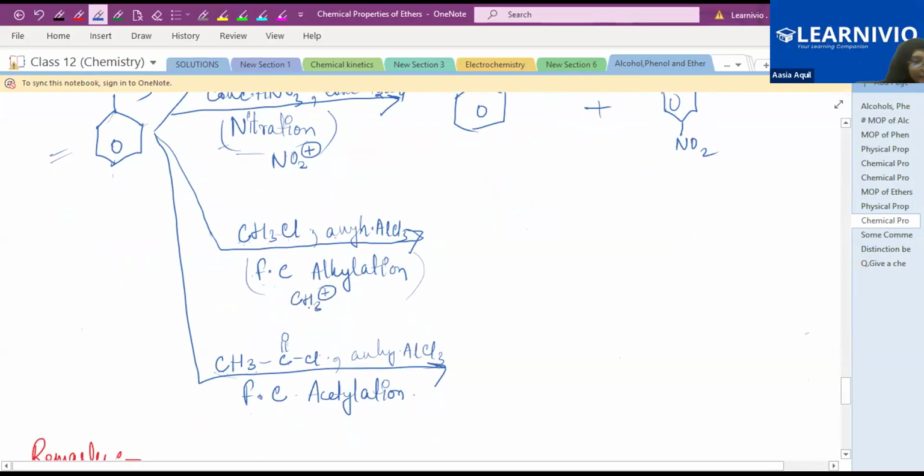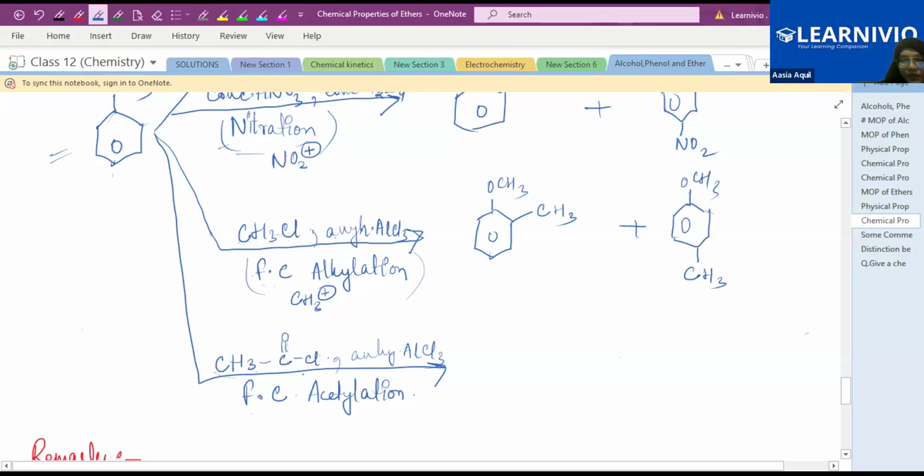So this electrophile will get attached to the ortho and para positions. So you will write anisole with CH3 on the ortho position. Similarly, you will get para methyl anisole. These two are the products of the Friedel-Crafts alkylation of anisole.